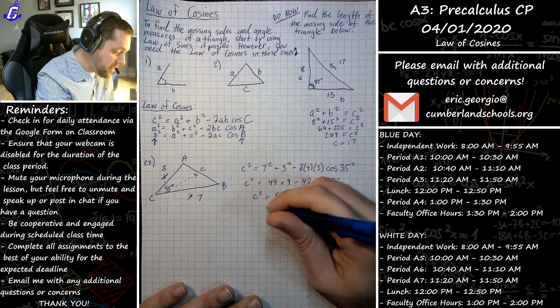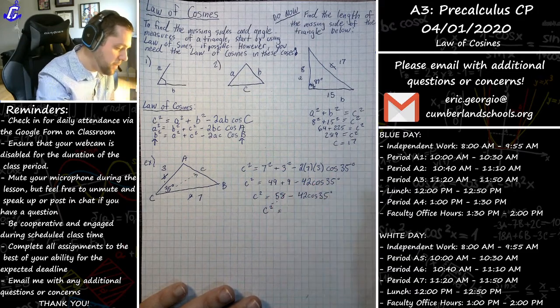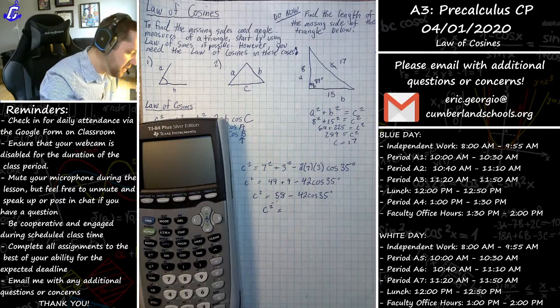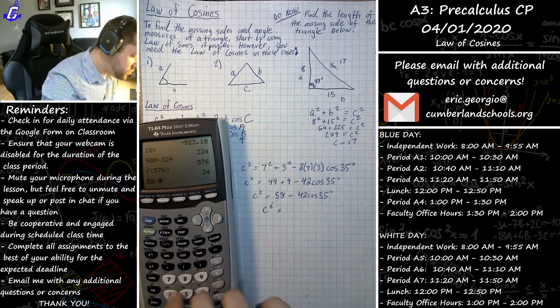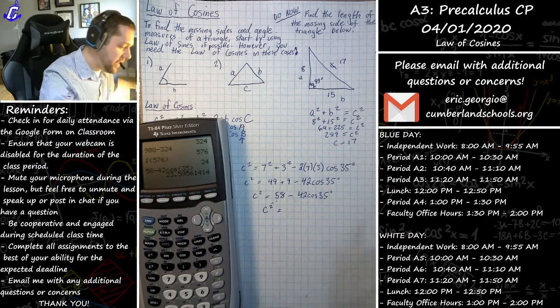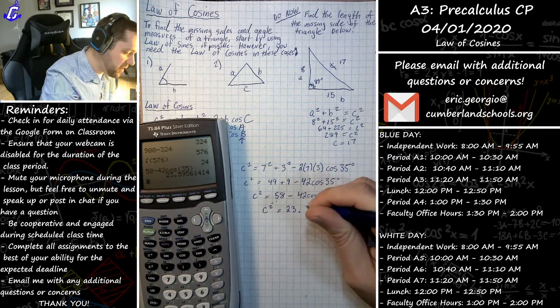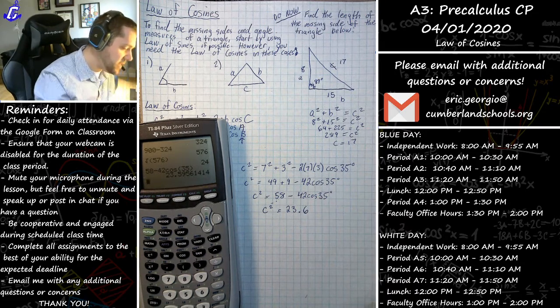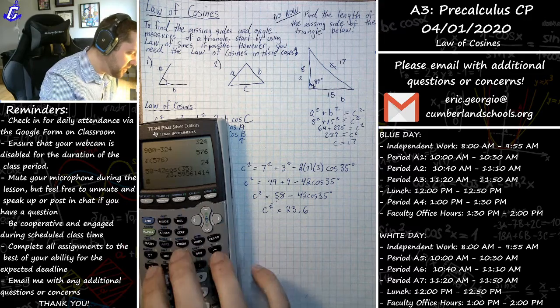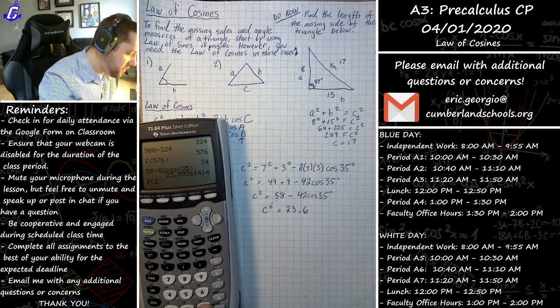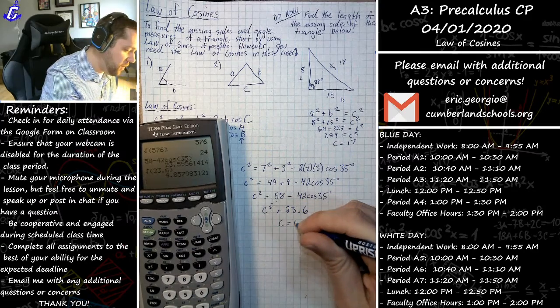We can say c squared should equal 58 minus 42 cosine of 35. I get that c squared is about 23.6, to 1 decimal place. And then we can take the square root of 23.6, and it comes out to be that c is about 4.9.